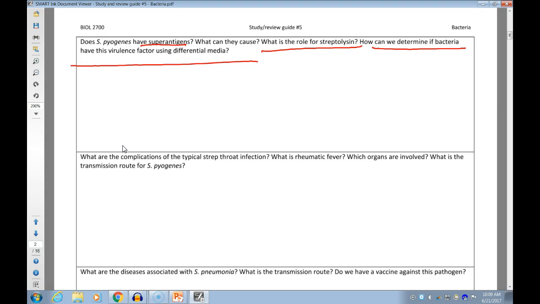The complications of the typical strep throat infection, what I want you to know is rheumatic fever and what's that? Scarlet fever. Okay.